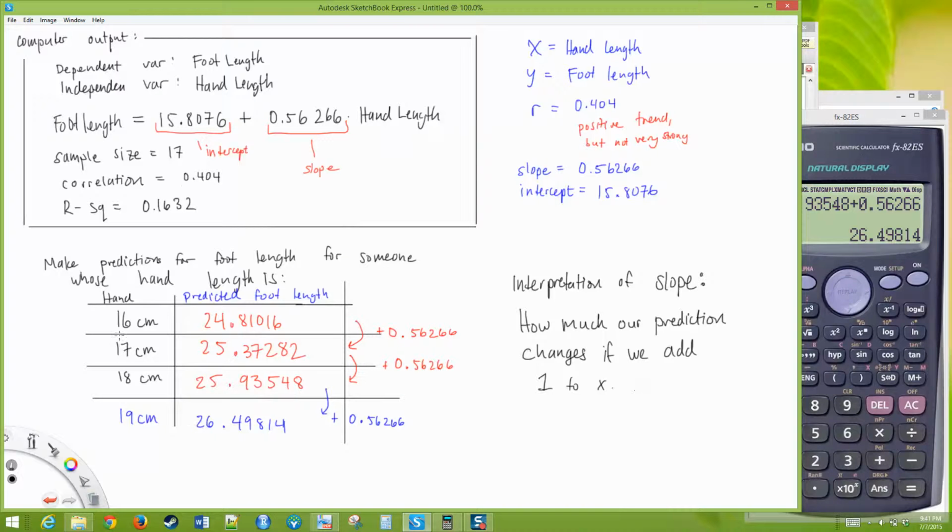So if I add 1 to x, how much does my prediction for y change? It goes up by the amount of the slope.